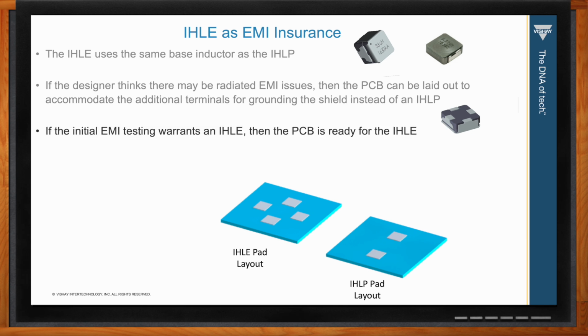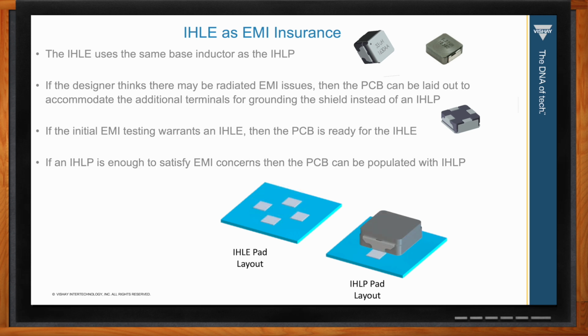So if the initial EMI testing warrants that you have to have the IHLE, then the PCB is ready to go for the IHLE. But if the IHLP by itself is enough to satisfy the EMI concerns, then the PCB can be populated with the IHLP instead without changing the PC board and with a little less cost than the IHLE.